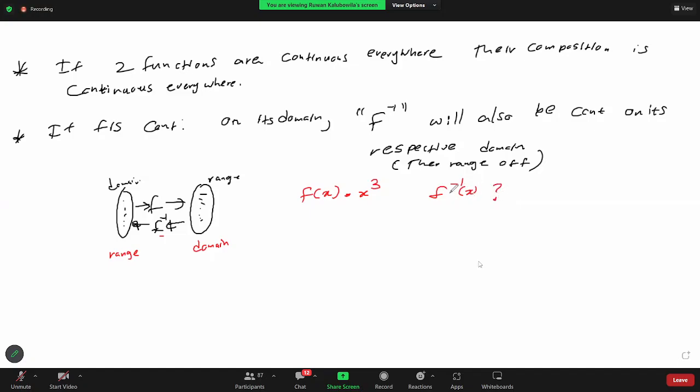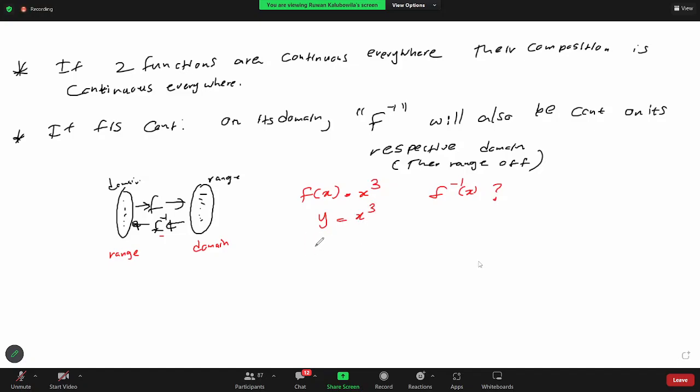So f(x) equals x cube. Let's write it as y equals x cube. It is very easy right now.